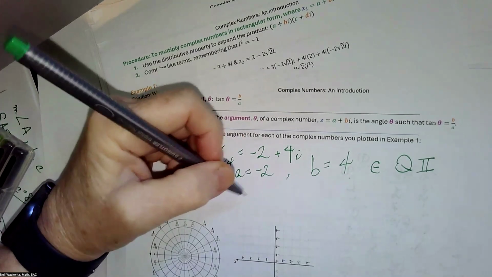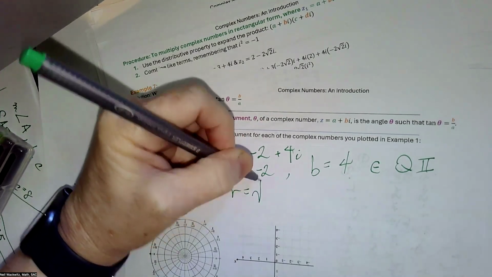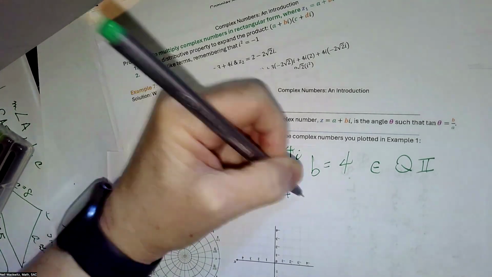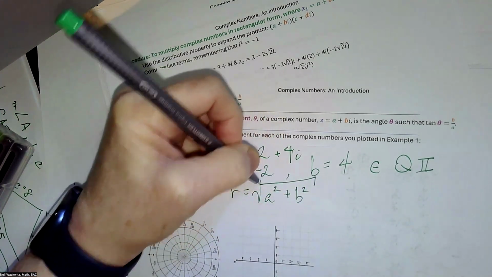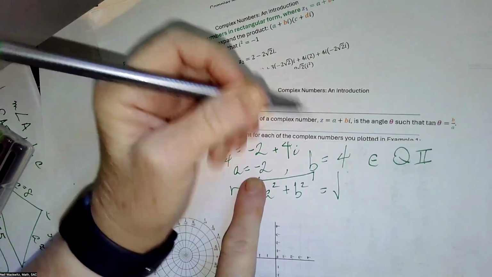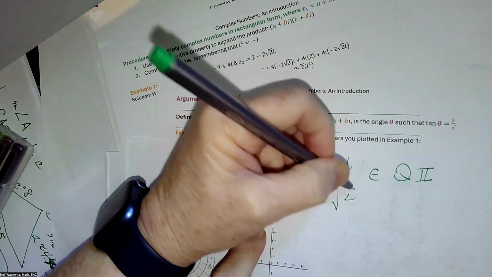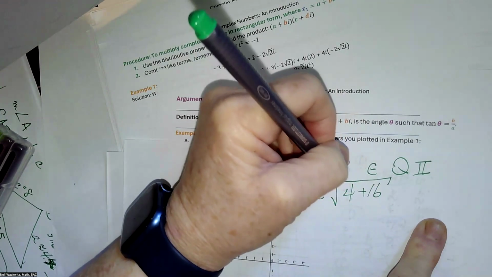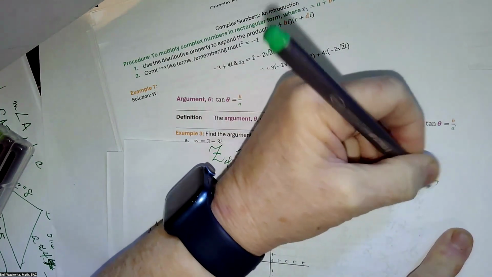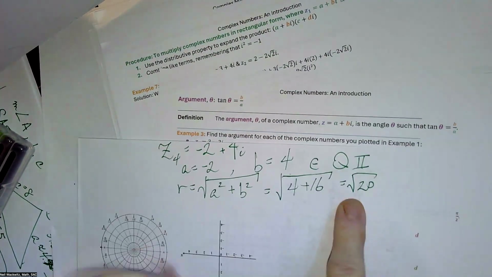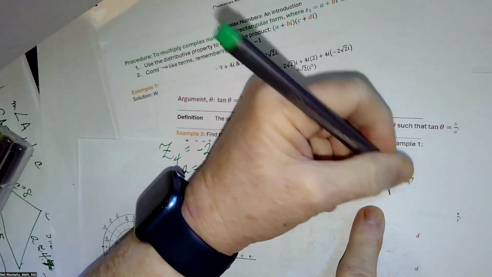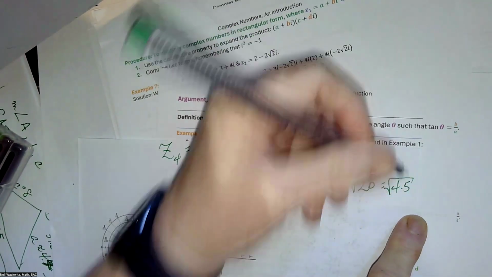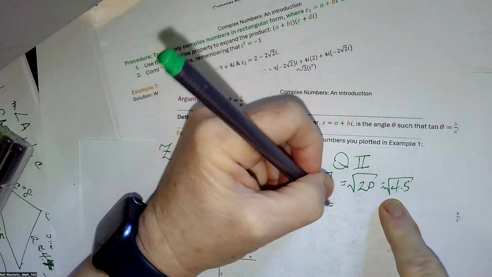All right, so we've got r is the square root of a squared plus b squared. A squared is 4, b squared is 16. Square root of 20, we can write this as 4 times 5, and the square root of 4 is 2.